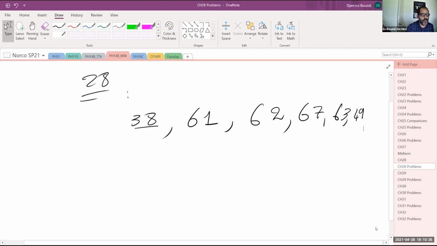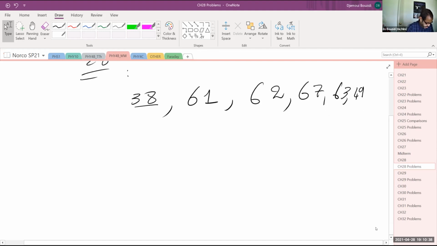Okay, so problem 38. Problem 38, step 1, so that we are all on the same method: we're going to read the problem. It tells you a figure 28-38. So let me draw the figure, since that's the first thing we're asked to do. The figure has an I1 current going into the screen, an I2 current coming out of the screen, and an I3 current also coming out of the screen.